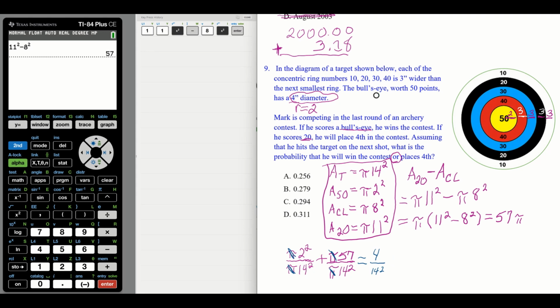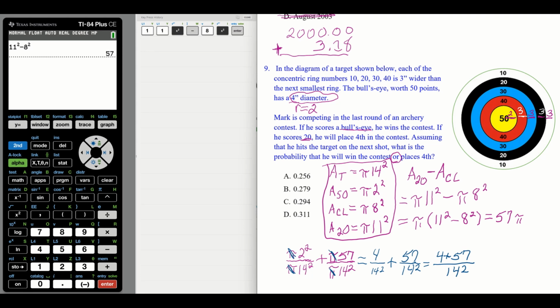Okay, then we're going to add that to 57 over the 14 squared. Well, obviously, that's 4 plus 57 over the 14 squared. You don't have to do all this handwork.